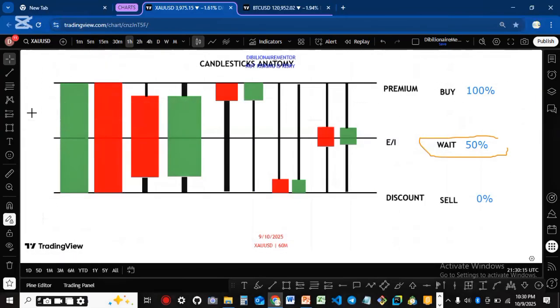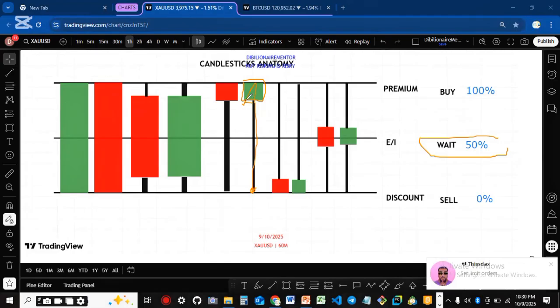The open of this green candle is always at the bottom. Don't forget, for something to be at the top, it was previously at the downside. So something made the price skyrocket or fly to the upside, which means you always start from the bottom, which is here.